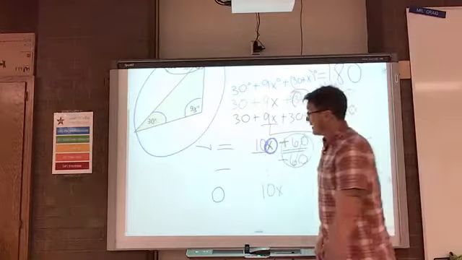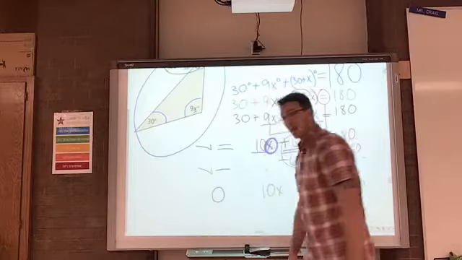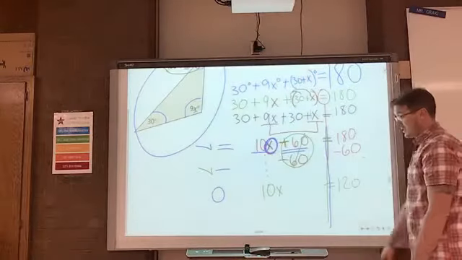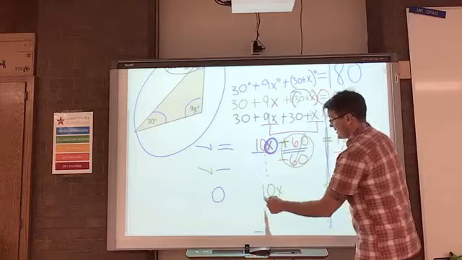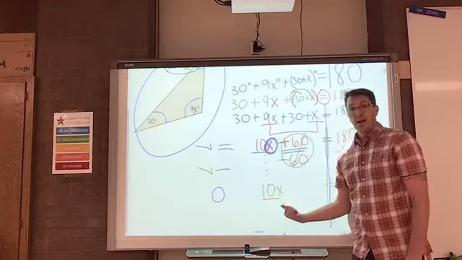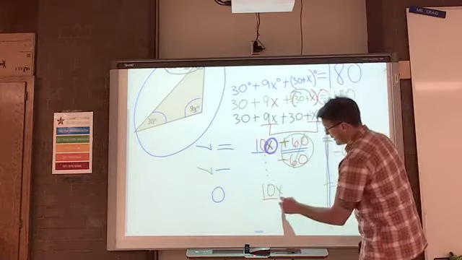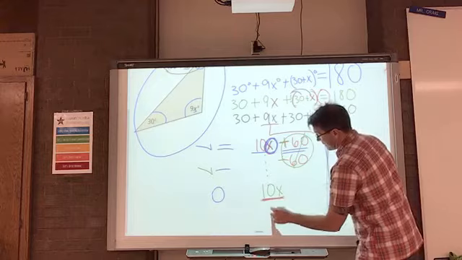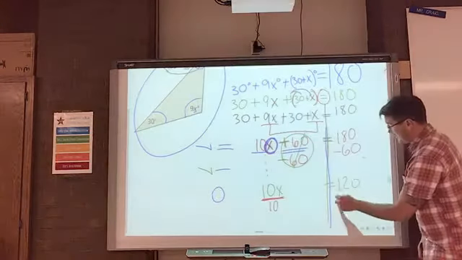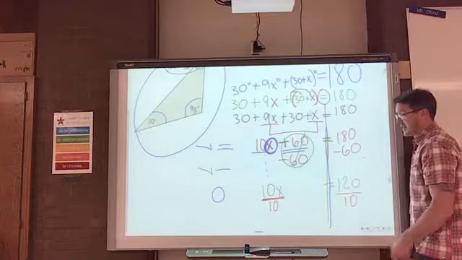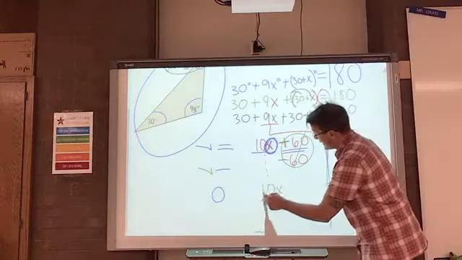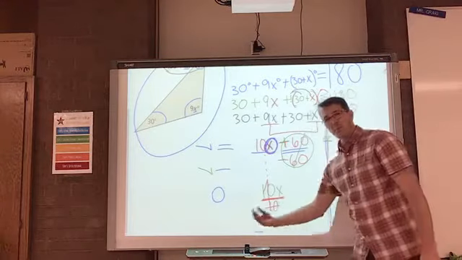Step 1, 2, 1, 0 is get rid of the coefficient. The coefficient in this one is 10 because it's touching the variable. And how do I get rid of times 10? I divide by 10. If I divide one side by 10, I got to divide the other side by 10. 10 divided by 10 equals 1. But I don't need to put a 1 there.